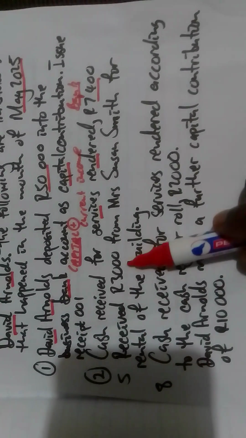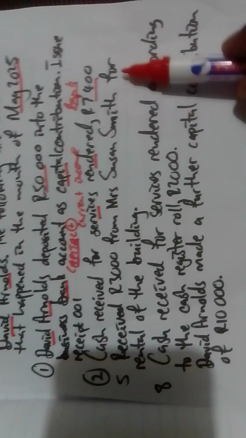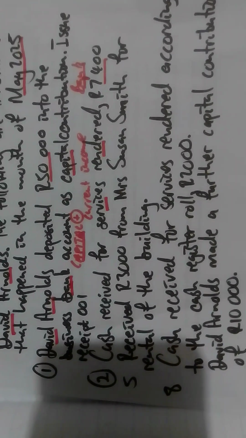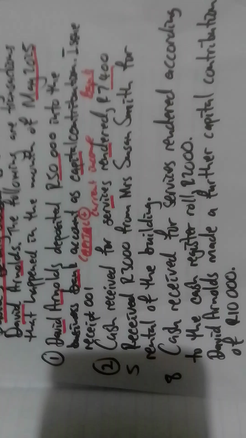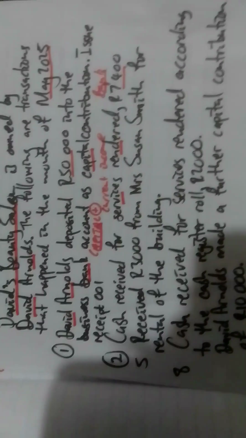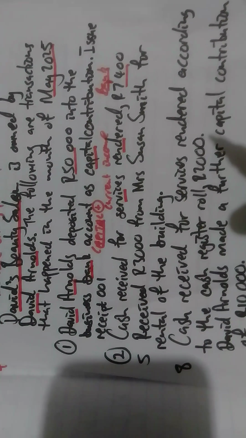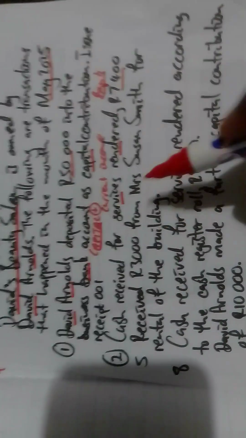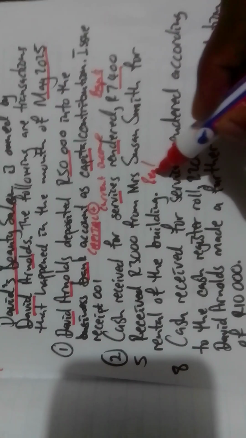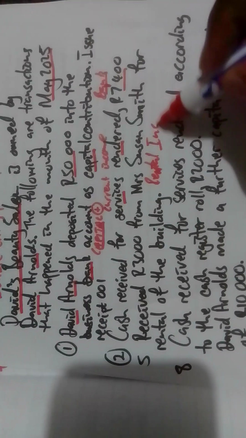Now let's go to the next transaction, which happened on the 5th. We received 3,000 rand from Mrs. Susan Smith for rental of the building. So the building owned by the business has extra space, and instead of that extra space gathering dust, we rent it out so that we can make money. The money we receive from the rental of the building is what we call rental income.